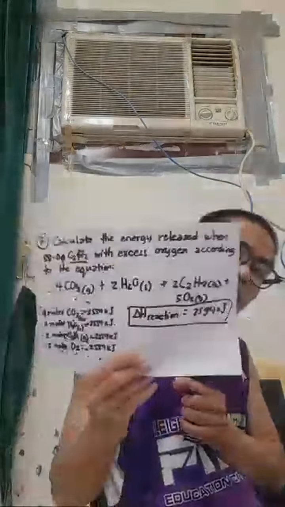Because the question only says calculate the energy released, you are the one to think that it is really heat energy because delta H of reaction is given already. The problem would be more confusing if we didn't give the delta H of reaction. Thank God there's a delta H here because it's an enthalpy. So automatically, what is being required is the heat energy released.